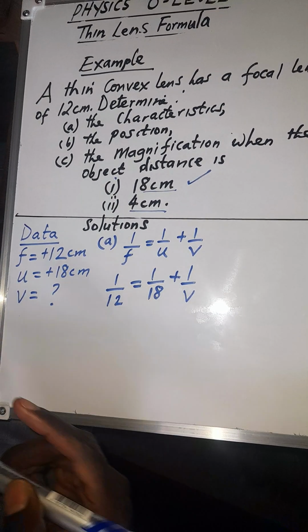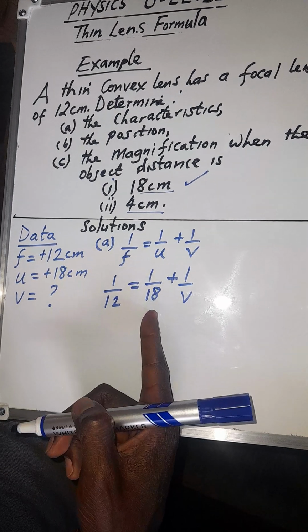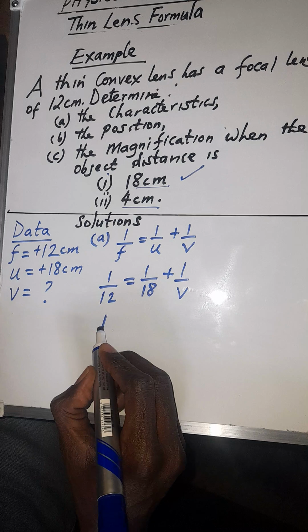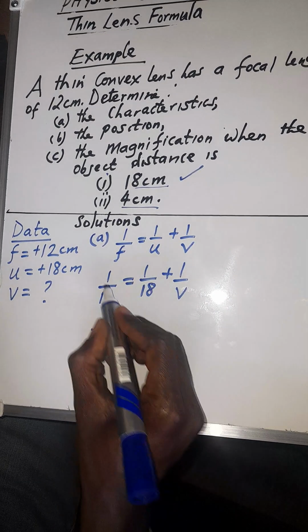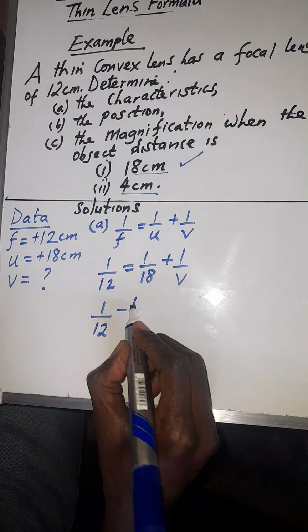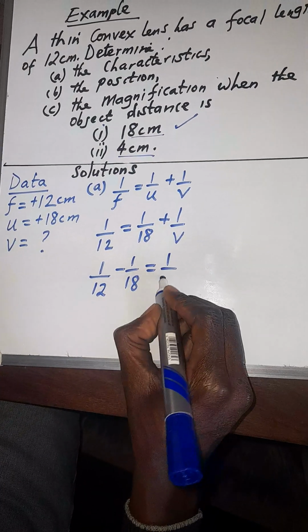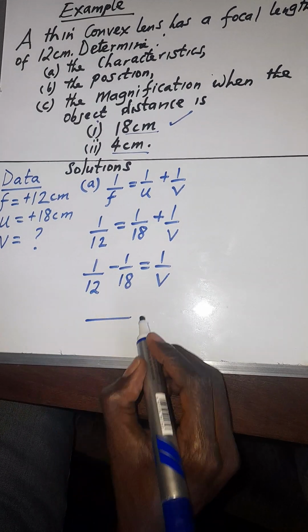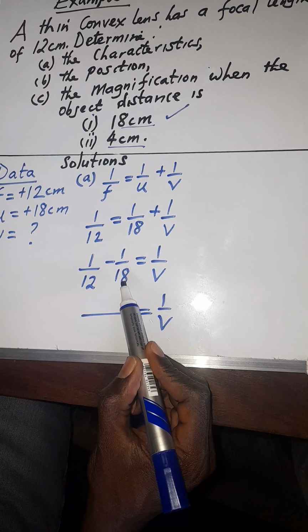Using simple mathematical gymnastics, like terms on one side, we take 1 over 18 to the other side. So it is 1 over 12 minus, when it crosses it becomes a negative, 1 over 18, equal to 1 over v. We find the common denominator that 12 and 18 can go into.